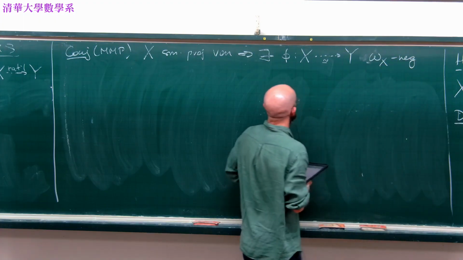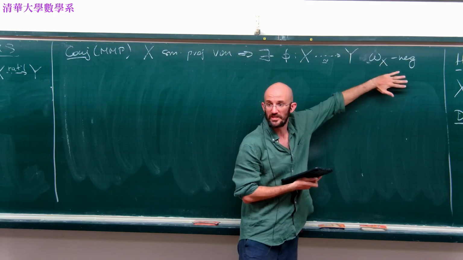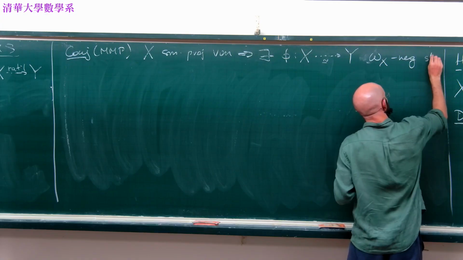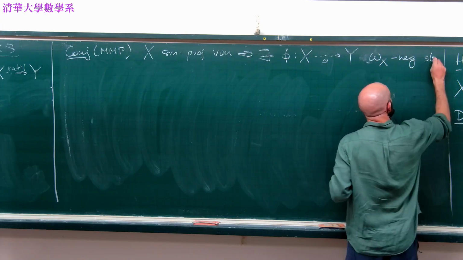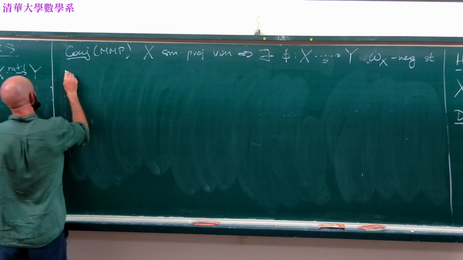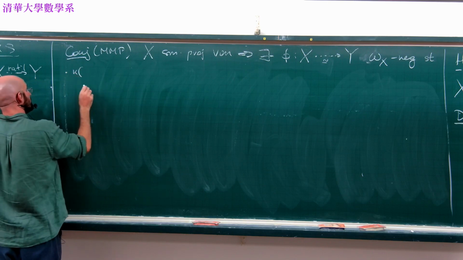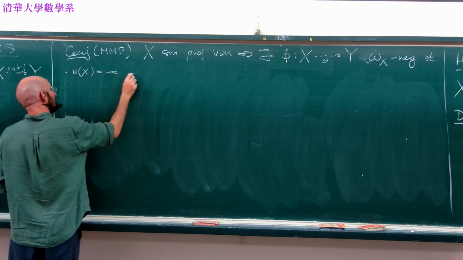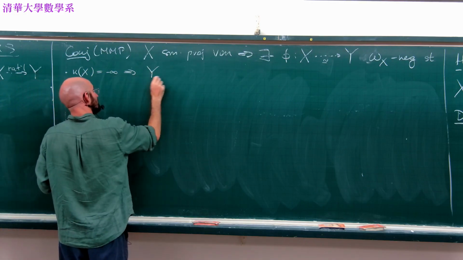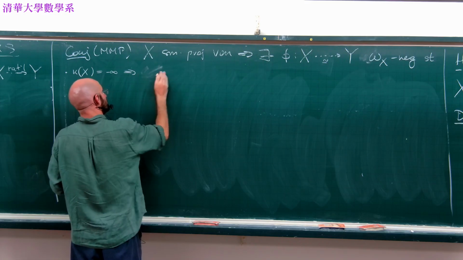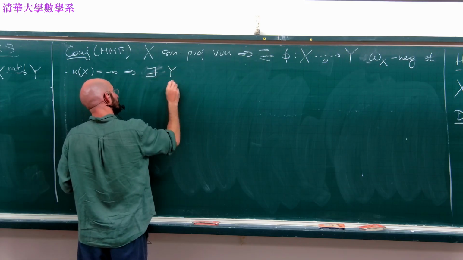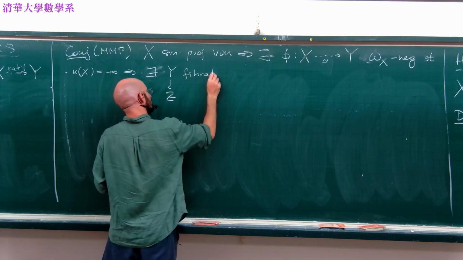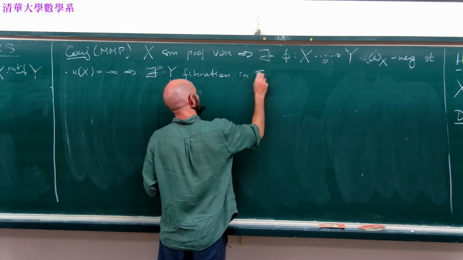This means that you're just getting rid of curves on which omega x is negative, such that one of two things happens. One, when the Kodaira dimension of x is negative, then there exists a fibration of Y in Fano varieties.